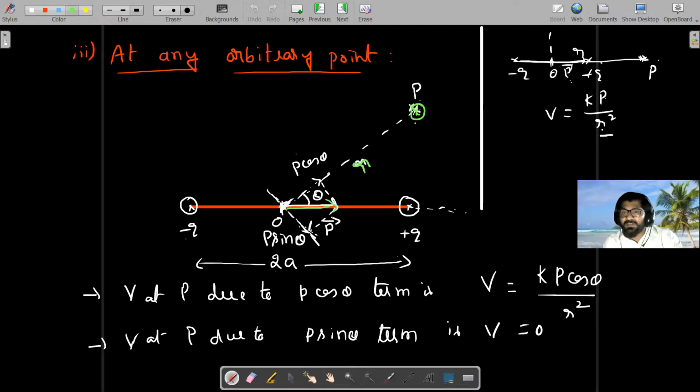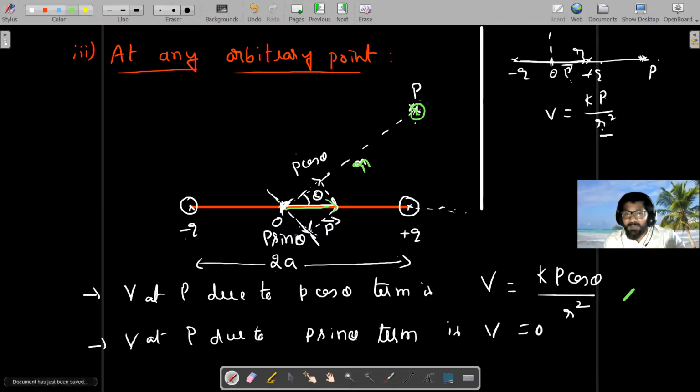K p cos theta by r square is the potential due to this component at this point, whereas for the potential due to p sin theta, for this component of the dipole moment, the line is acting as a perpendicular line or equatorial line.